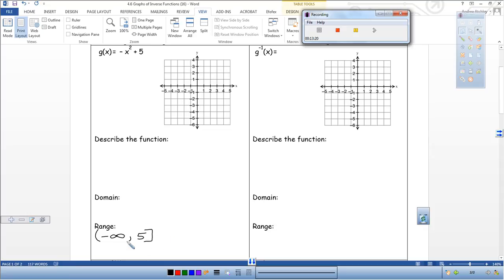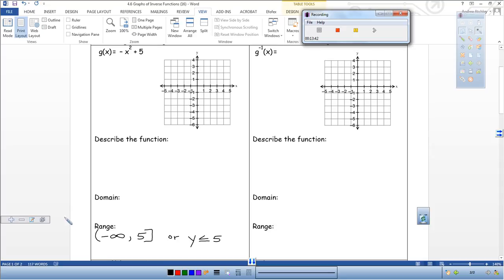Then we need to talk about another way to write this. Range is y less than or equal to 5, any number that's less than or equal to 5. You could write this either way. This is interval notation, and this is inequality notation, and you'll see them both from now on. Any questions over that?